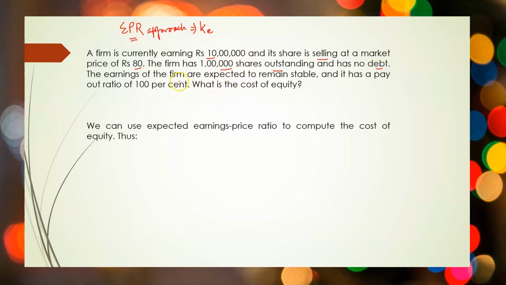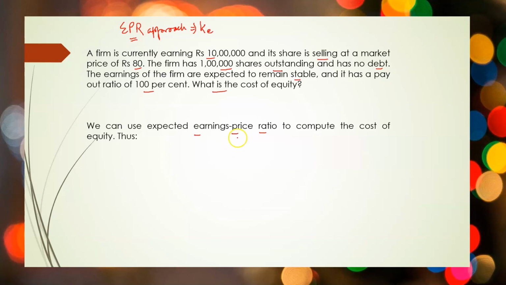And the firm's earnings are expected to be stable in the years to come. And it has a payout ratio of 100%. And the question is to find out the cost of equity. So we are going to use the earnings price ratio approach to compute the cost of equity. See, normally the method will not be deliberated in the question.